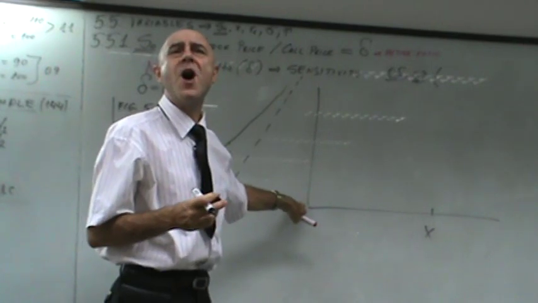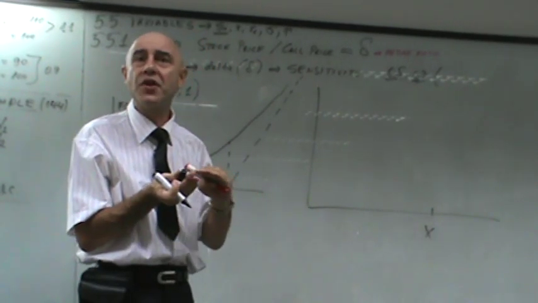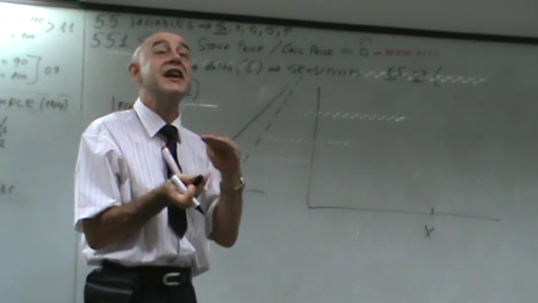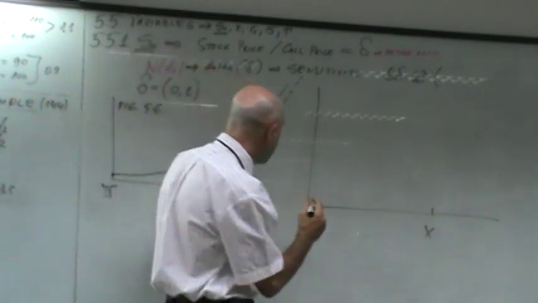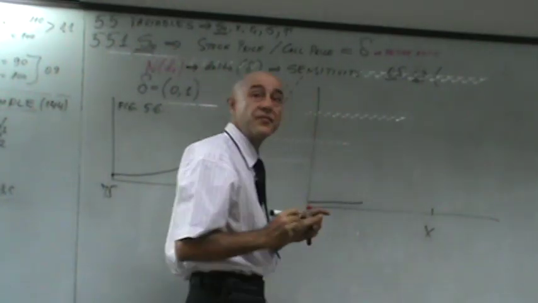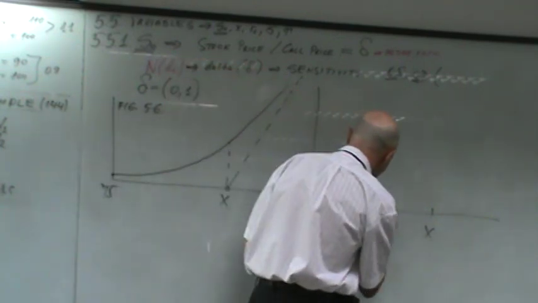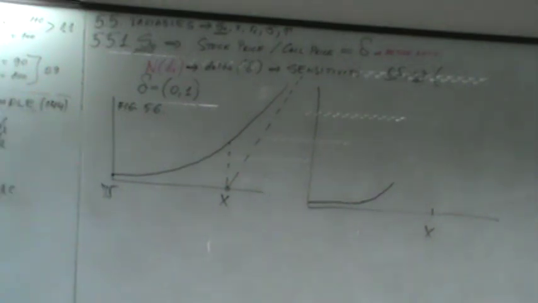If you're far out of the money, the delta is going to be very low, and here's the trick: it's going to change very, very little. So early on, the delta's got to be very low. It will begin to rise, and let's see what happens next.